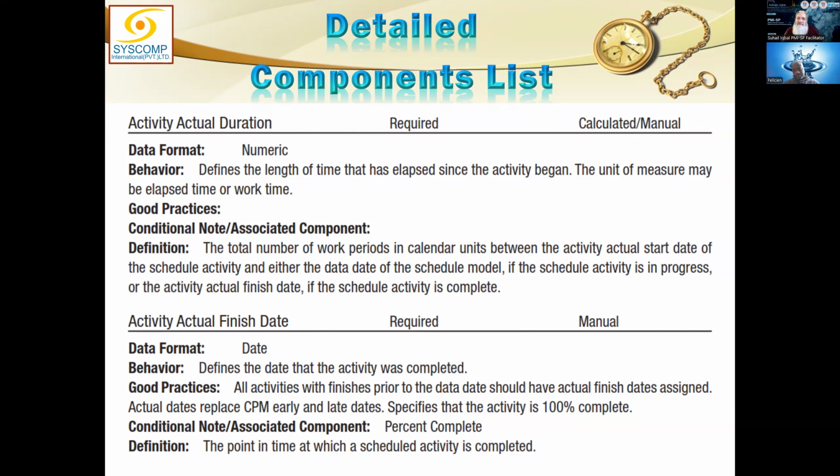The earliest this activity could have finished and the latest it could have finished does not matter anymore because this has finished, and on whatever date it finished, that is my actual finish date for that activity. This could be useful in calculating the percent complete. And the definition is a point in time at which a scheduled activity is completed, I mean done.